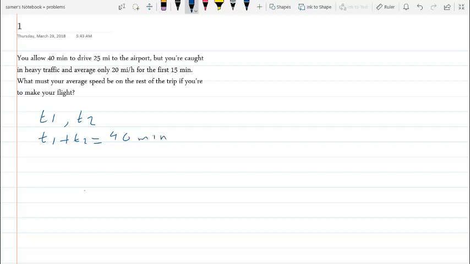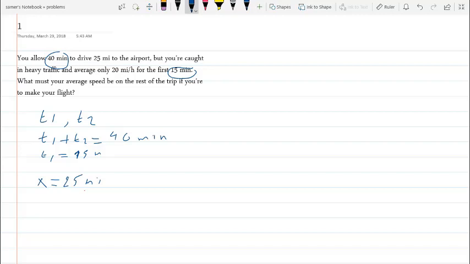What we are given also is that t1, the first time interval, is 15 minutes. So here the total time is 40 minutes, and here is the time for the first interval. We have also a total distance of 25, so x equals 25 miles.